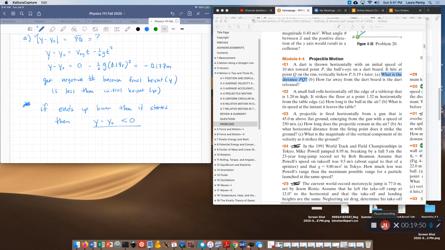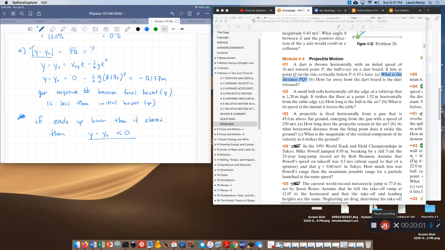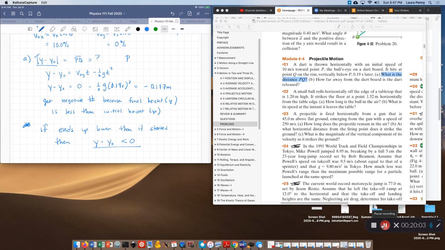You need to make sure that you put it in as a negative number. Hopefully we'll do another example where that will become clear why that's so critical. So in this case, though, because we just want to know the magnitude, the length from P to Q is 0.177 meters.